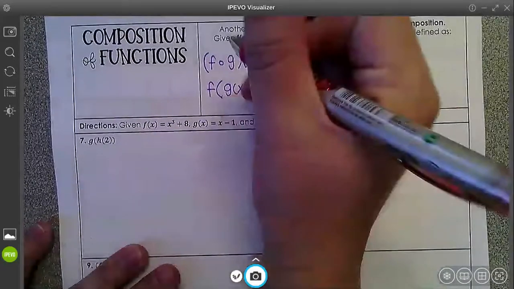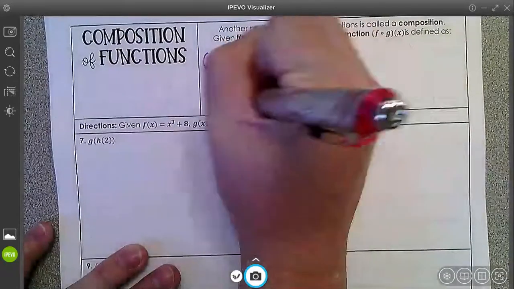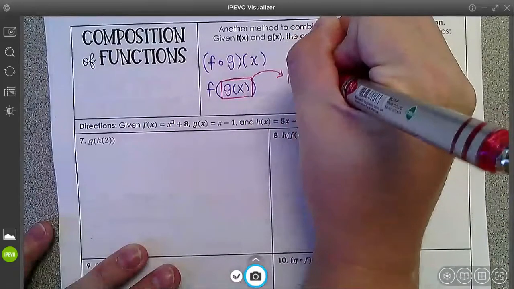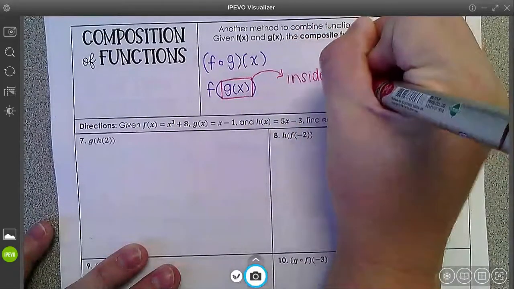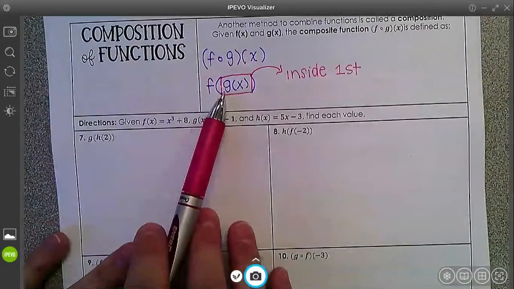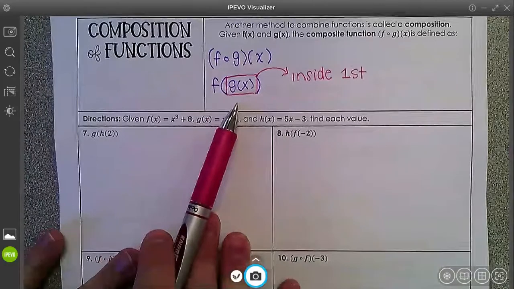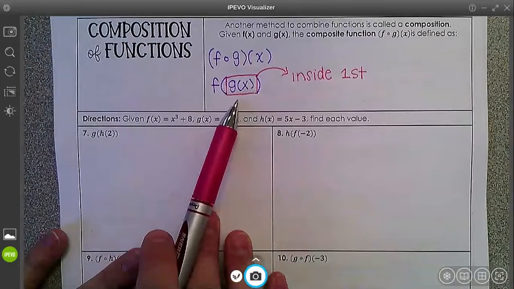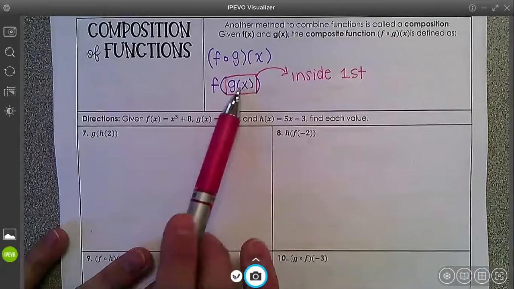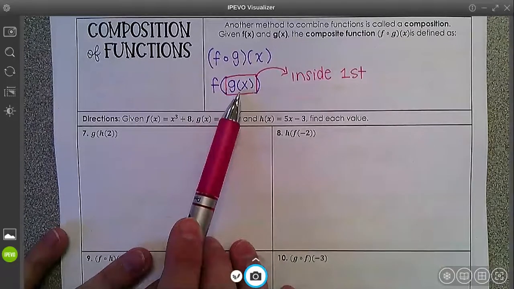What we're going to do is solve the inside first. So if that says f of g of 1, we would do g of 1 first.